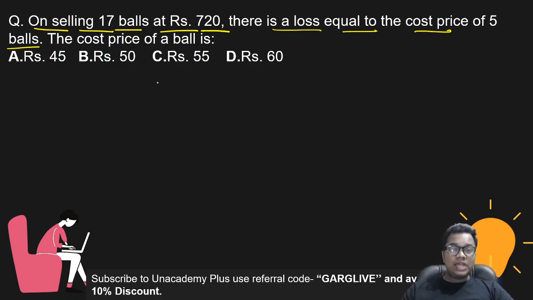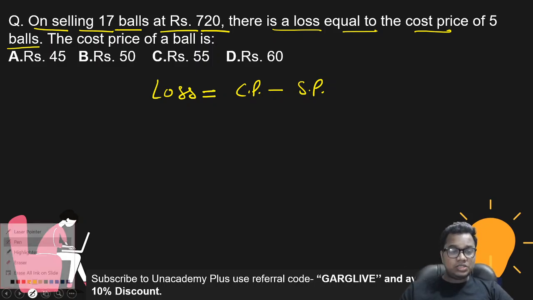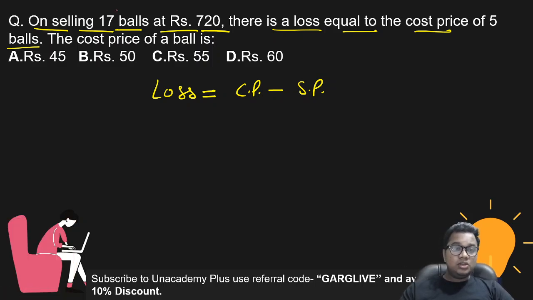I know one thing: loss is when the cost price is more than the selling price. Now, what is given here? On selling 17 balls for rupees 720, there is a loss equal to the cost price of 5 balls.